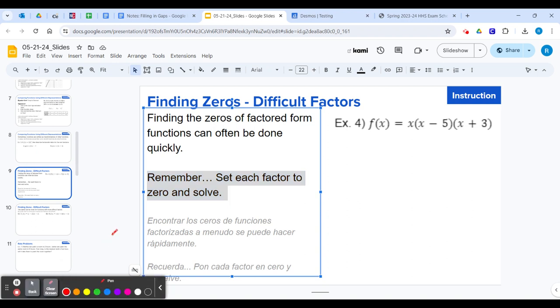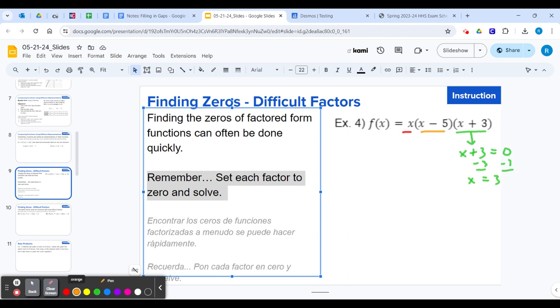So I have 3 factors here: x, x minus 5, and x plus 3. Our zeros are found by setting each of these equal to 0. I'm going to start with x plus 3. If I set that equal to 0, I can subtract 3 on both sides, get x alone, x equals negative 3 for one of our zeros.